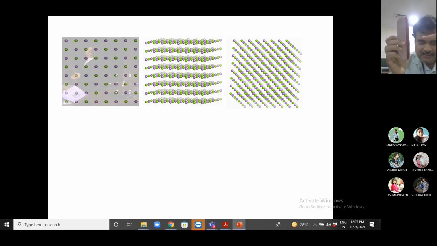Then what we are going to do is turn them a little bit. So the arrangement of planes that the X-ray beam was encountering will now change.